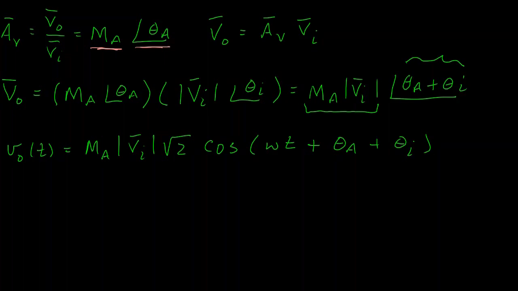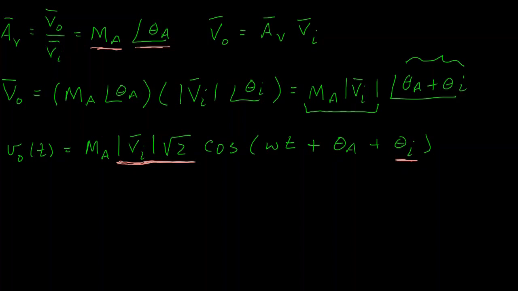So we had this input voltage, which had an amplitude that was the magnitude of the VI phasor times the square root of 2. So that was the amplitude of the input signal. And the phase of the input signal is right here, theta I. Both of those appear, at least indirectly, in the time domain representation of the output waveform.